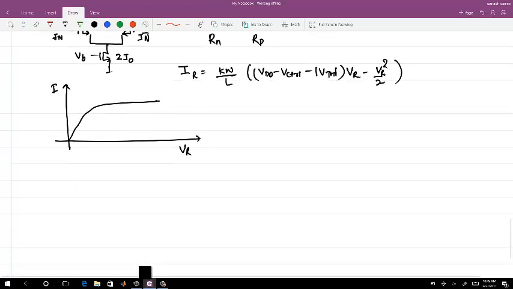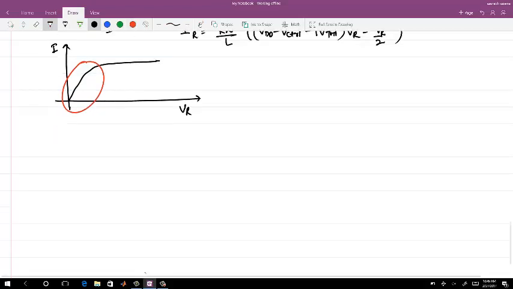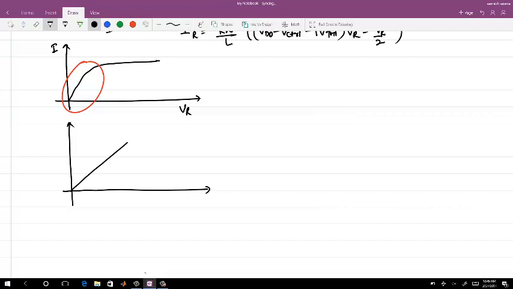So if I just focus on this part where both my transistors are operating, this is a linear one, and the actual one is different. So let's consider only this, I versus VR.